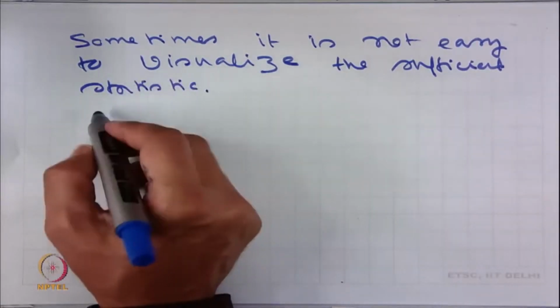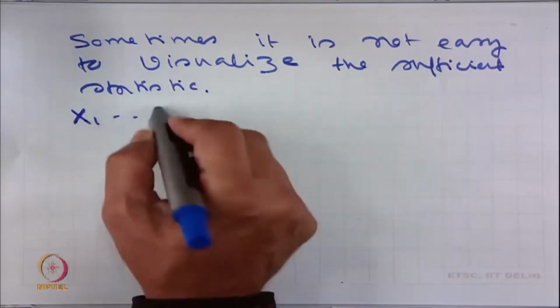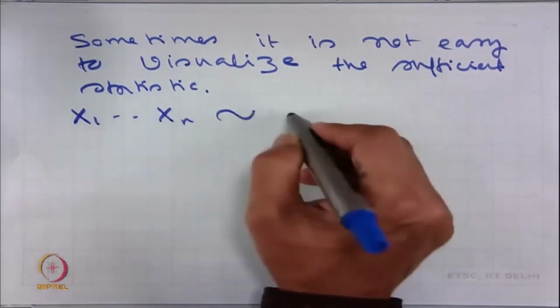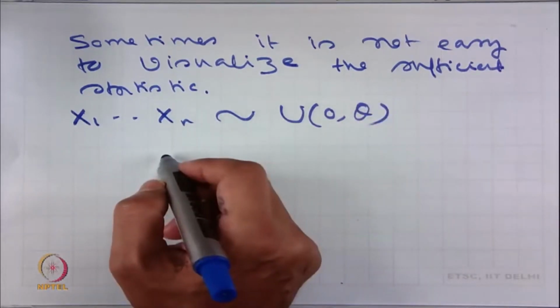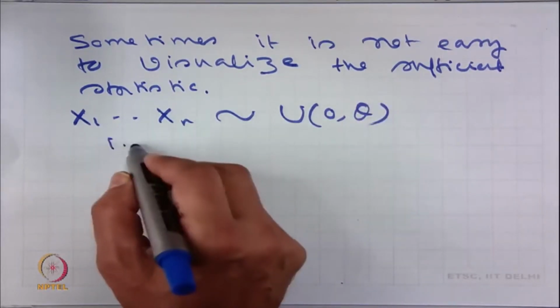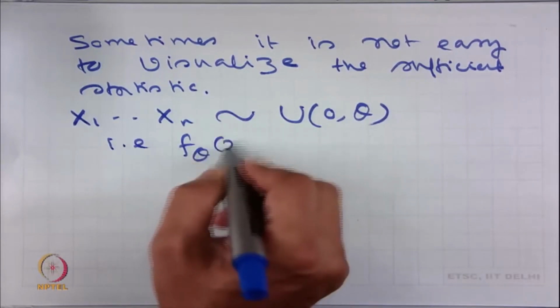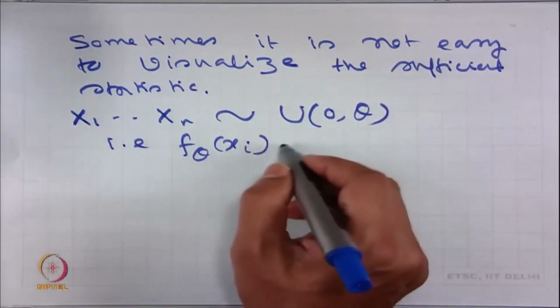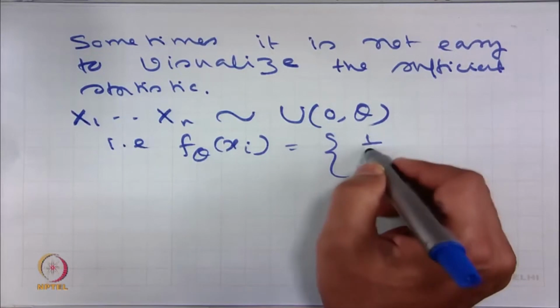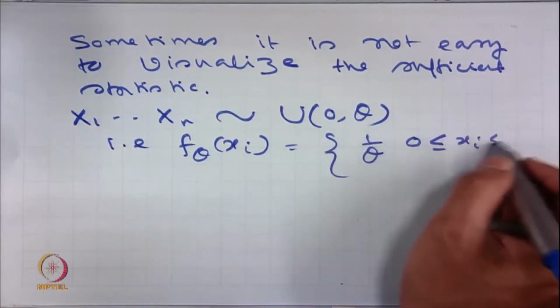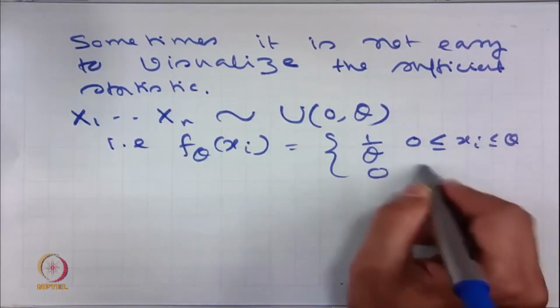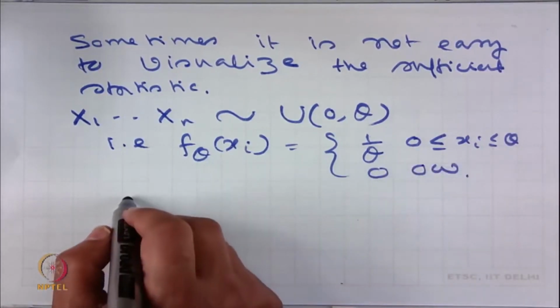For example, x1, x2, ..., xn are from uniform(0, theta), that is, f theta of xi is equal to 1 by theta for 0 less than or equal to xi less than or equal to theta, and 0 otherwise.